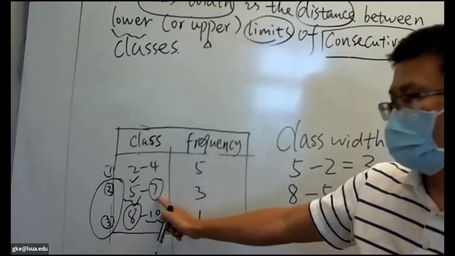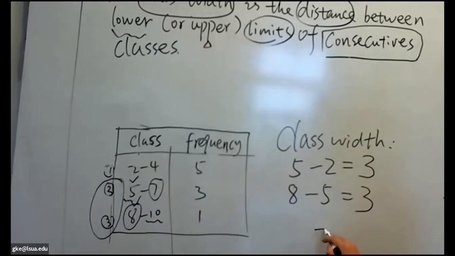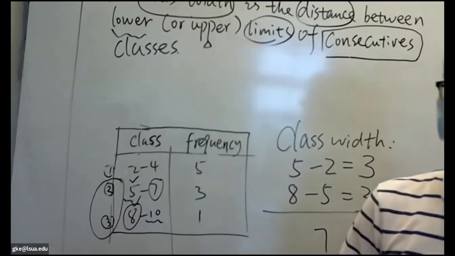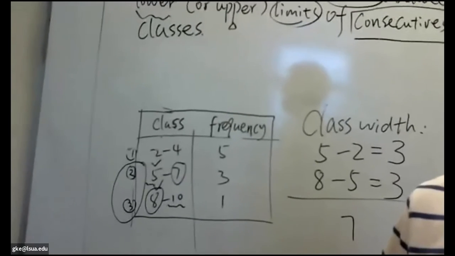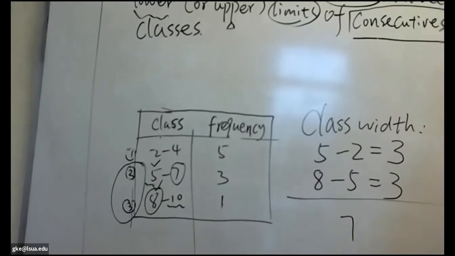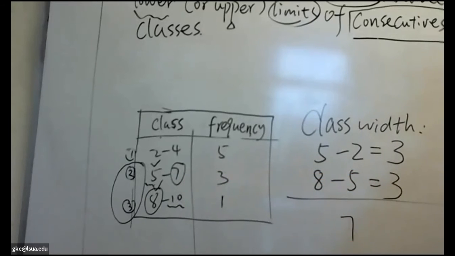For class 2, the upper limit is 7, right? And for class 3, it's 10, right? Subtracting, you're going to get 3.